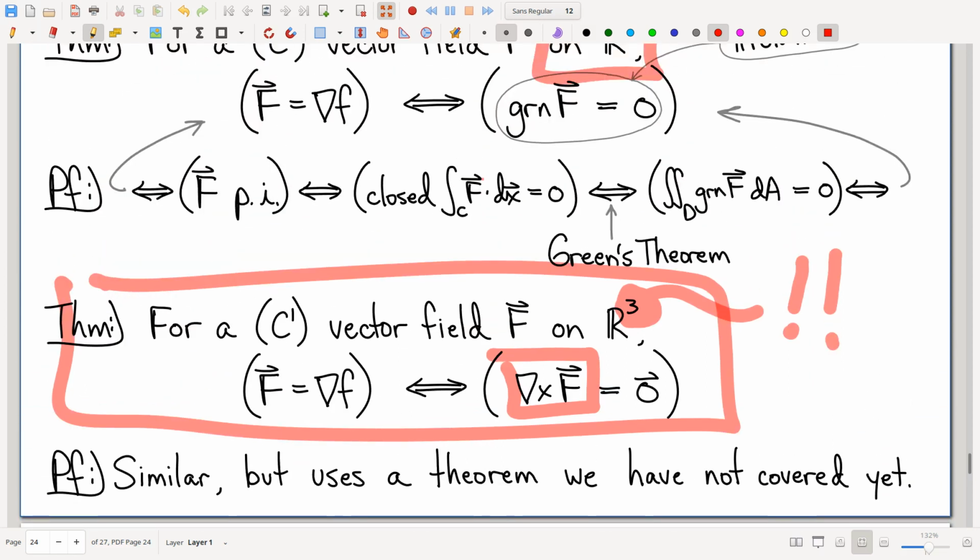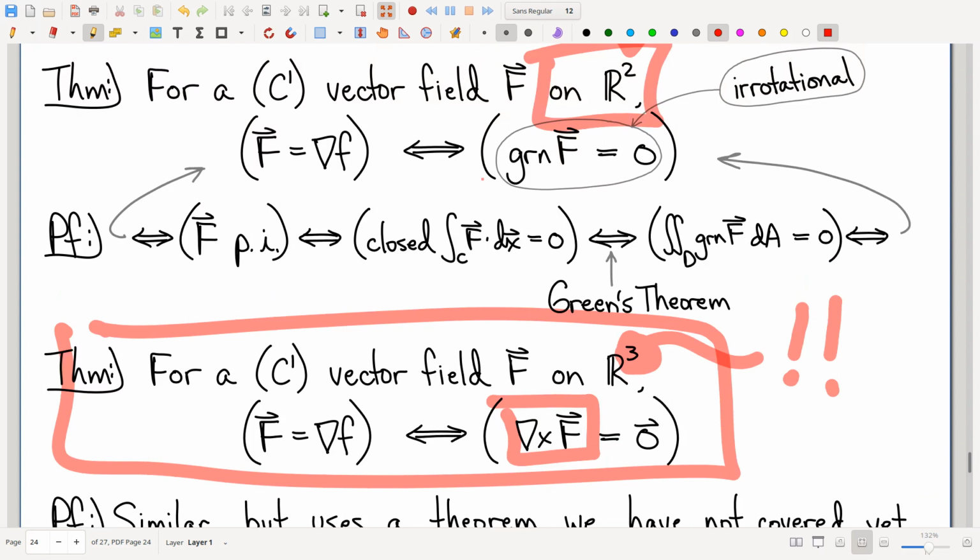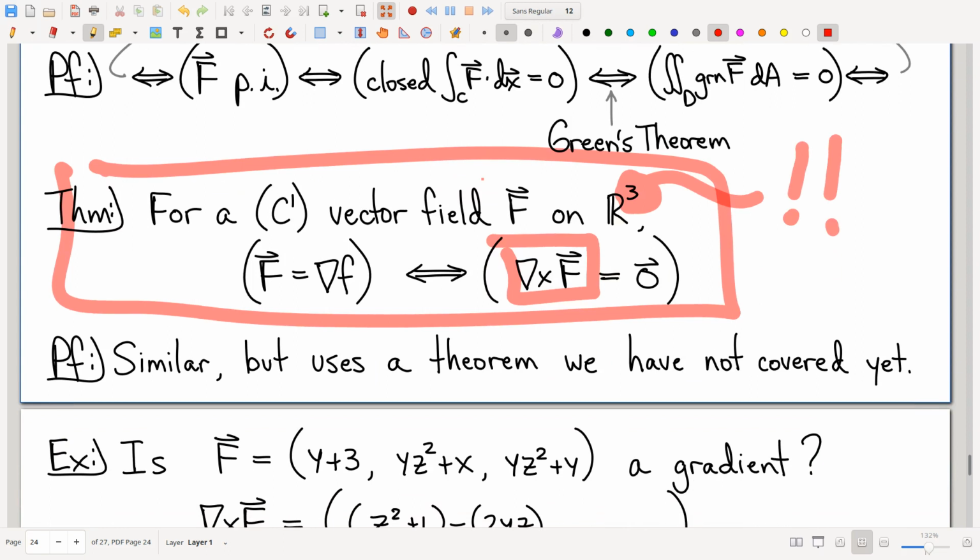It actually is proved in a way that's morally equivalent to what I just showed you here. It's just that we don't yet have the three-dimensional version of Green's theorem that we're going to need to make that argument. So I'm just going to state this as a fact for the moment, and we'll come back and talk about the argument in a few days. But again, it's going to kind of just use a three-dimensional version of Green's theorem.